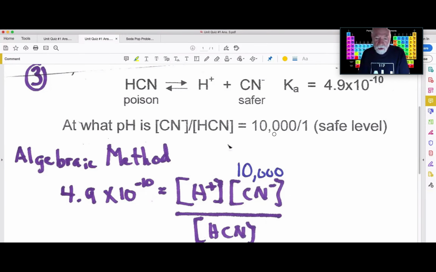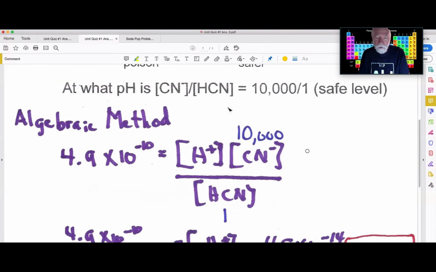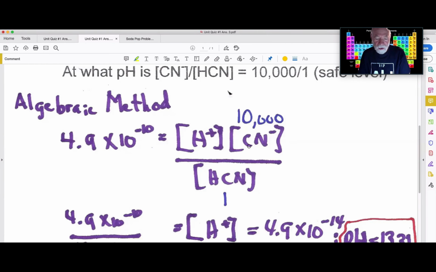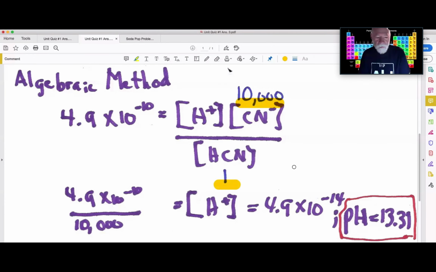And the ratio I give you is also at equilibrium, so you can go right to the equilibrium expression. You don't have to go through the start, completion step, all that jazz. So I've written the mass action expression, and the question wants the CN minus to be 10,000. I want the HCN to be 1, so I plug those in.